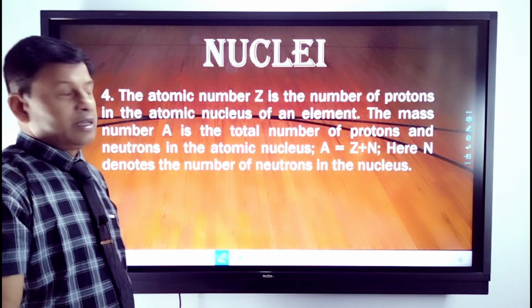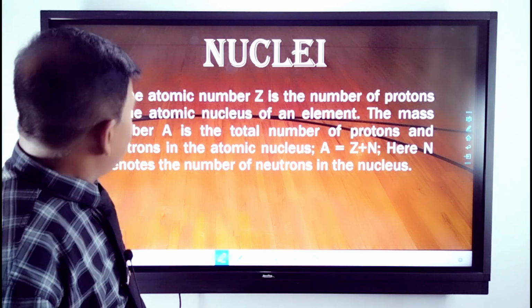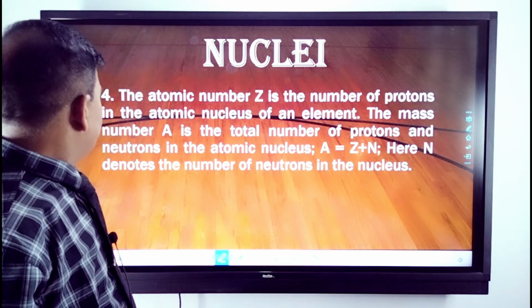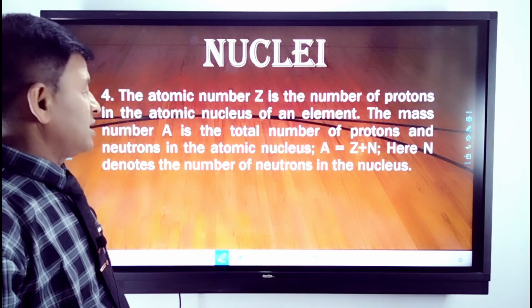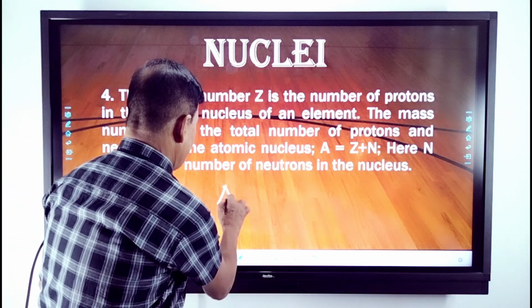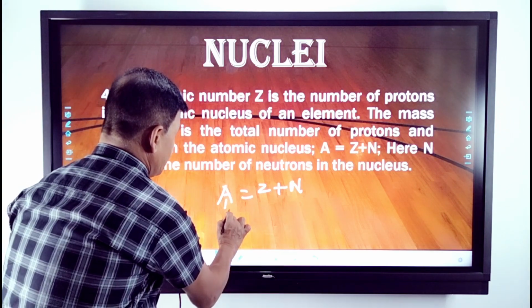Next point, say the atomic number Z is the number of protons in the atomic nucleus of an element, and the mass number A is the total number of protons and neutrons in the atomic nucleus, and that's why here A is equal to Z plus N, right? What is A here? This is your mass number.